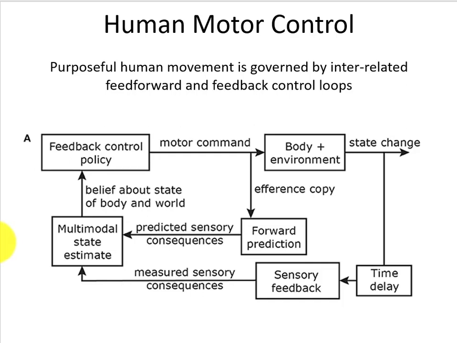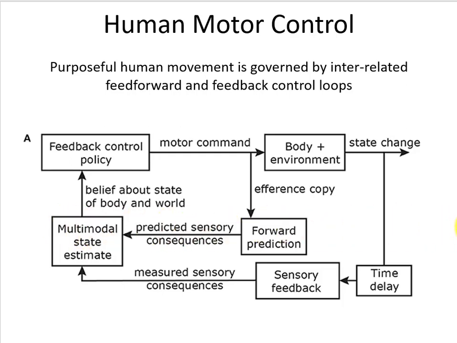So let's take a look at what we're dealing with here. Basically we have a multimodal state estimate, and this multimodal state estimate relies on vision, proprioceptive, and vestibular information to give a sense of our belief about the state of the body and the world. As we're making our commands, we have our feedback control policy.